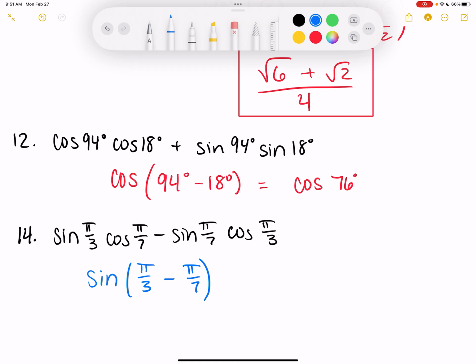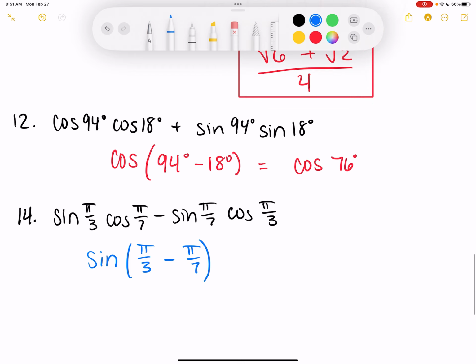Now, I have fractions. How do I add or subtract them? Common denominator. So sine of, multiply this one by 7 over 7, so 7 pi over 21, minus, multiply this one by 3 over 3, 3 pi over 21, which is the sine of 4 pi over 21.